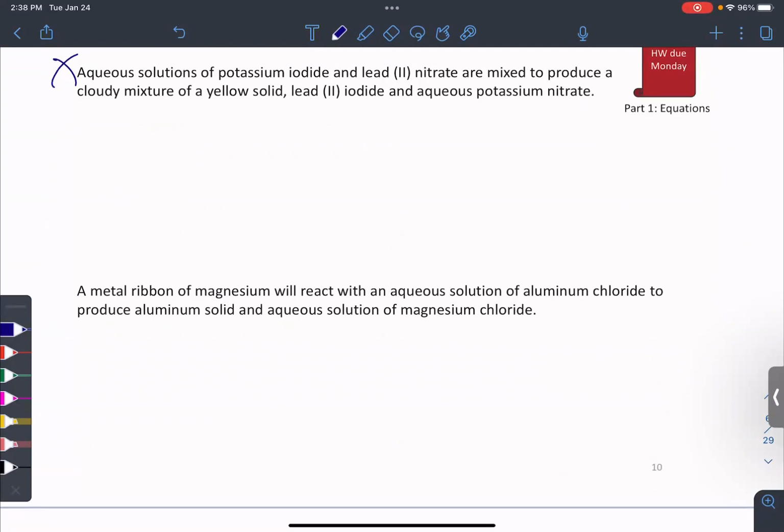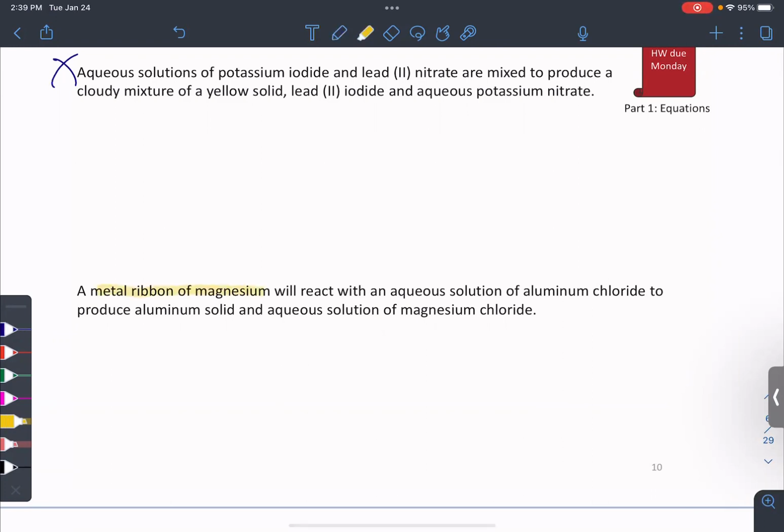Metal magnesium will react with an aqueous solution of aluminum chloride to produce aluminum solid and an aqueous solution of magnesium chloride. So tons of names. Again, chapter 2 review. Let's go through what our reactants and products are.